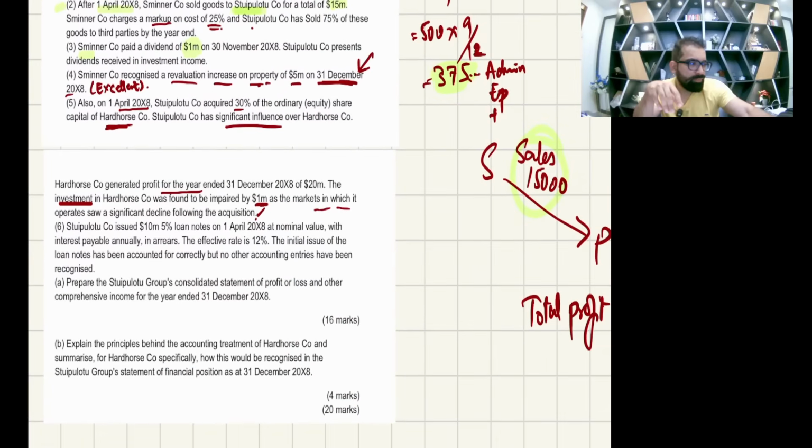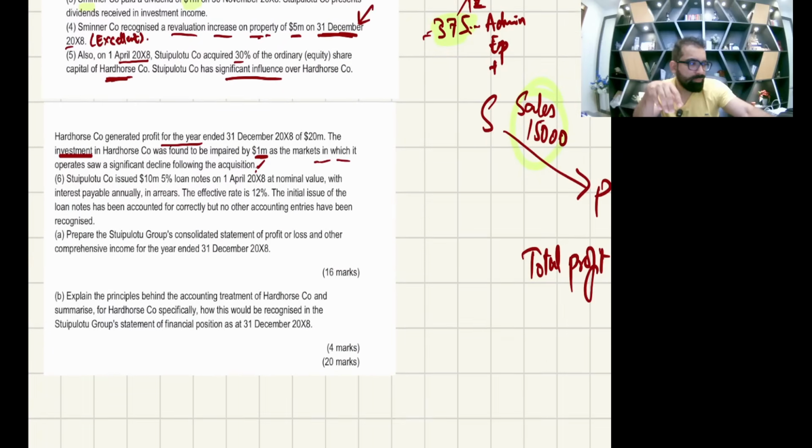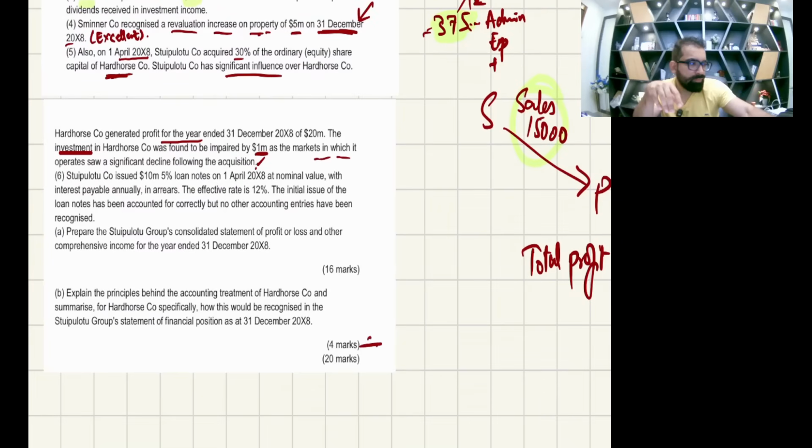Now, before we move on to point number 6, let me deal with the theory requirement, because I will be shifting to the Excel part, and in that Excel part I won't be able to come back to the theoretical requirement.